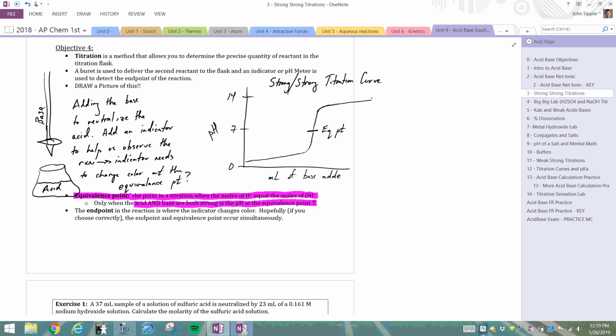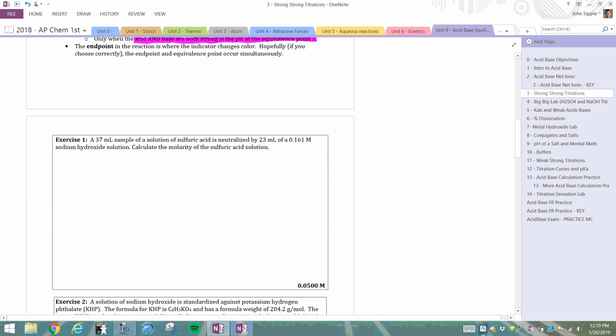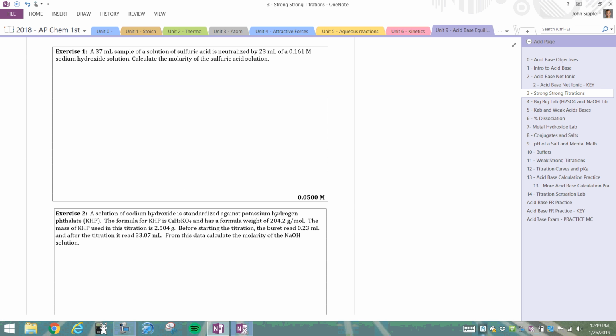So let's roll through a couple examples here. Here's kind of a classic example. We have a 37 milliliter sample of sulfuric acid, and it's neutralized by 23 milliliters of a 0.161 molar sodium hydroxide solution.